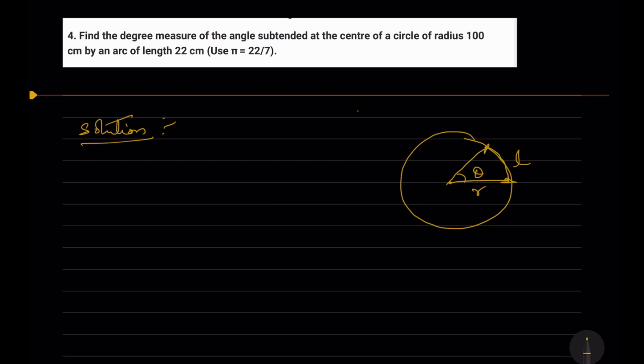So this arc of length L subtends an angle theta radian at the center. So therefore you are having theta is equal to L by R, where L is the length of the arc and R is the radius of the circle.